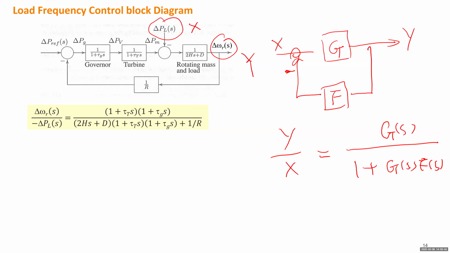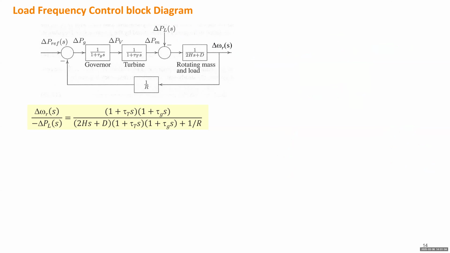Now when you write this one, g will be only this one, and f will be the multiplication of everything here. Then you do some simplification, you will get this one. Check your notes if you don't remember how to do this, because you're going to do some homework about this block diagram.